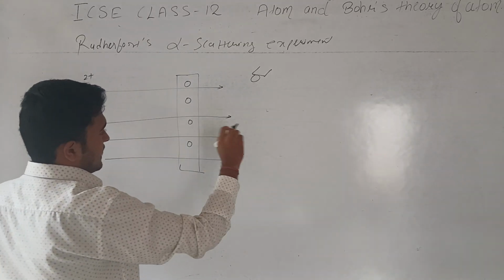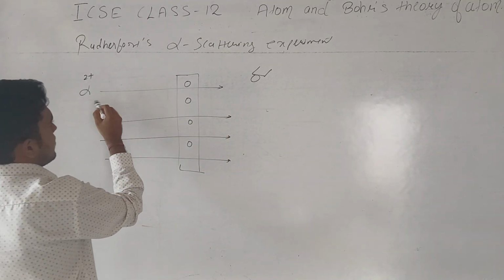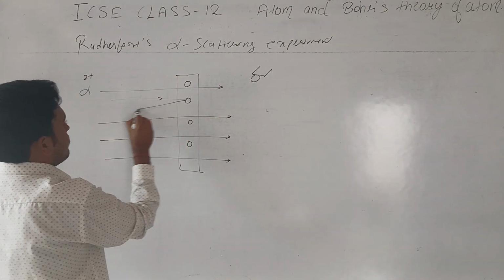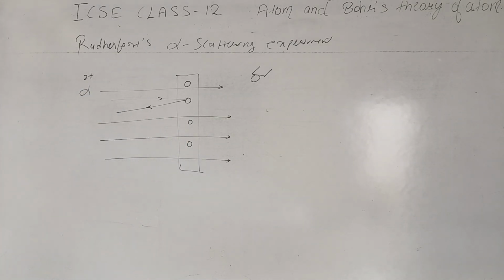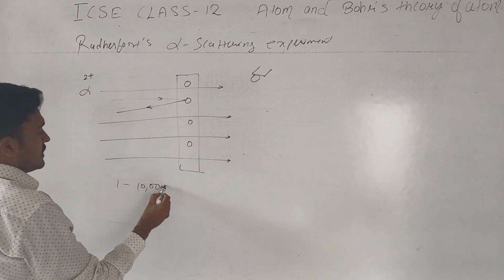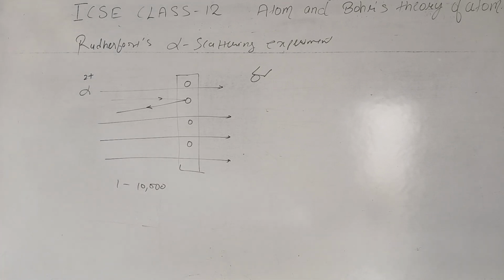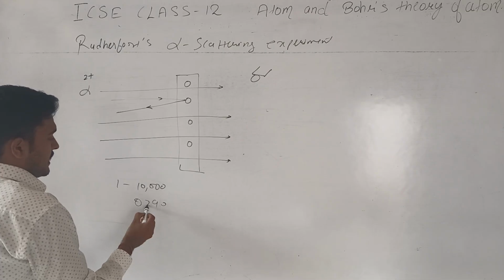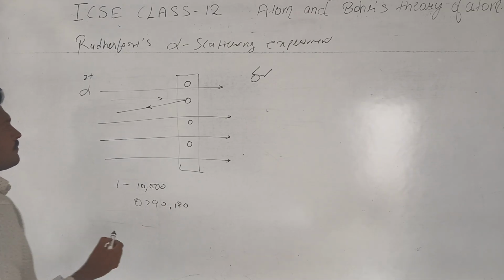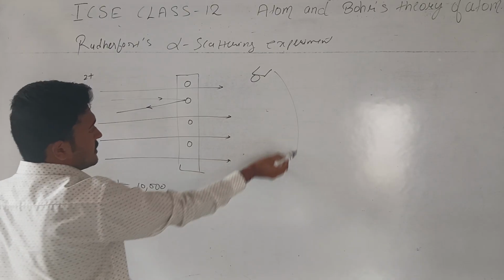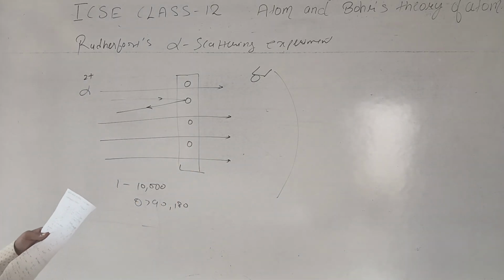So no deflection was there, and very few were deflected by large angles, only 1 in 10,000 were deflected back by an angle greater than 90, or 180. So very few particles were deflected by very large angles. All these were counted by the scintillation counter, which is able to move along this axis.